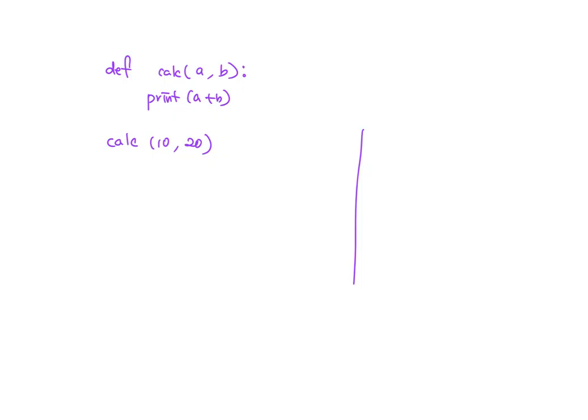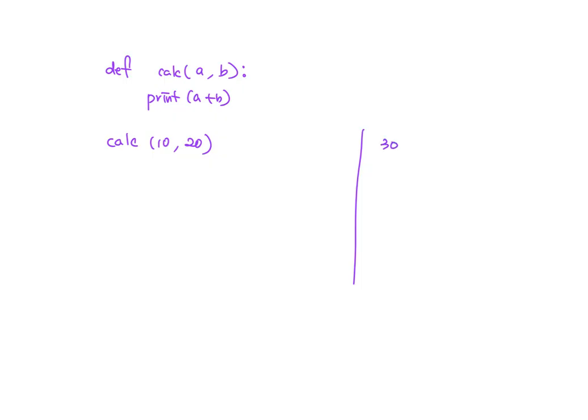So here is one example. Suppose that I have, say, a def definition of calc with two variables, A and B. And then I want to print A plus B. And then if I call this function with the values 10 and 20, on the screen you get 30.